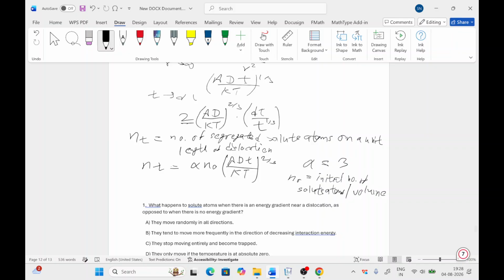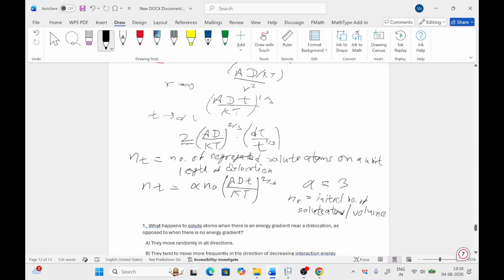So from this, the fraction of solute segregated to the dislocation is given as N t rho by N naught, where rho is the dislocation density.